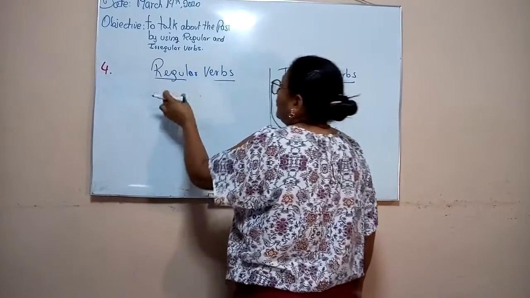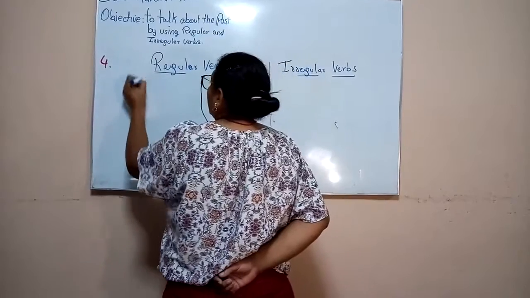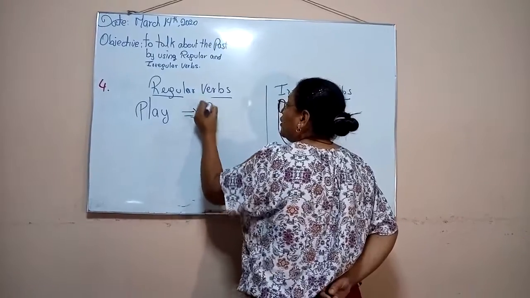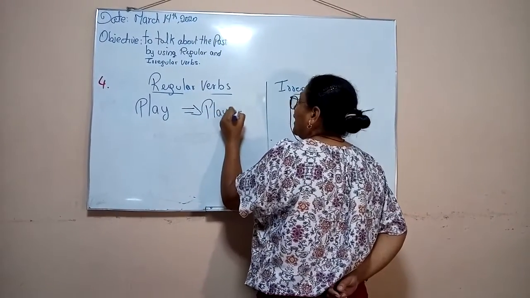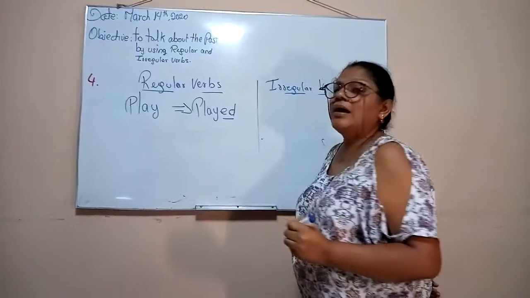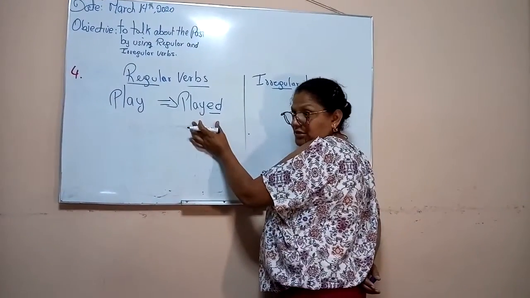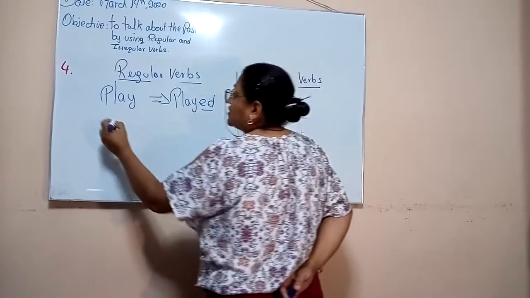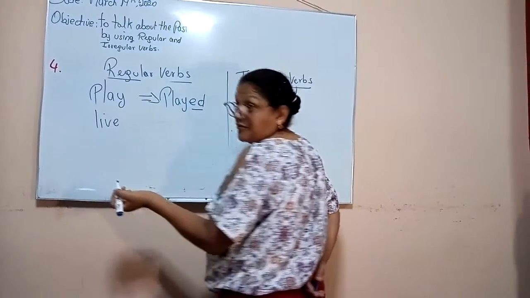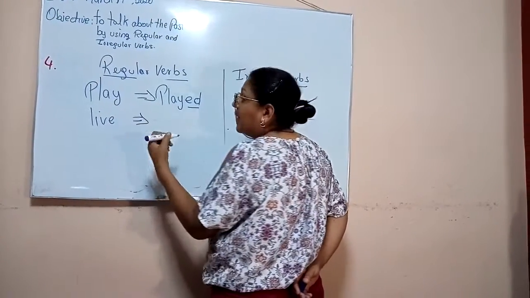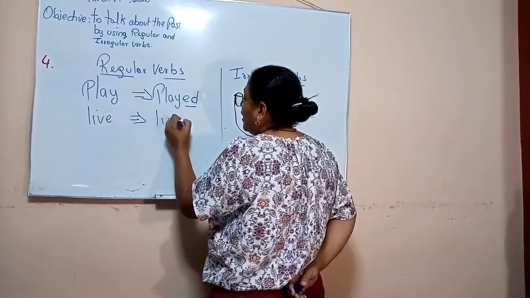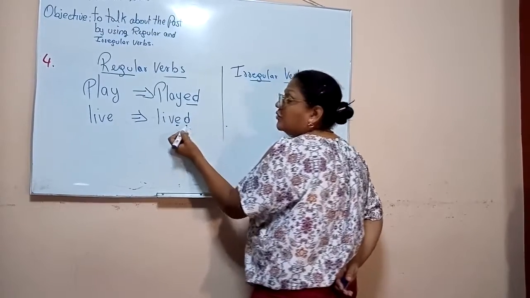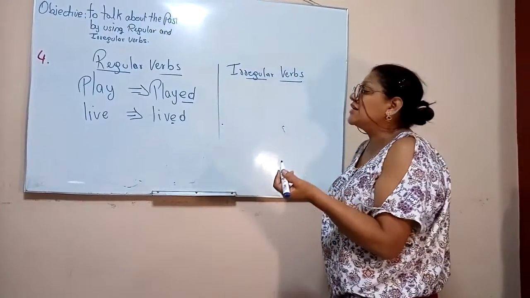When you use a regular verb to talk about the simple past, you only add ed, like play, played. Another example, the verb live. If you want to talk about the past, you should say lived. The final word is e, so you only have to add the letter d, and that's lived.